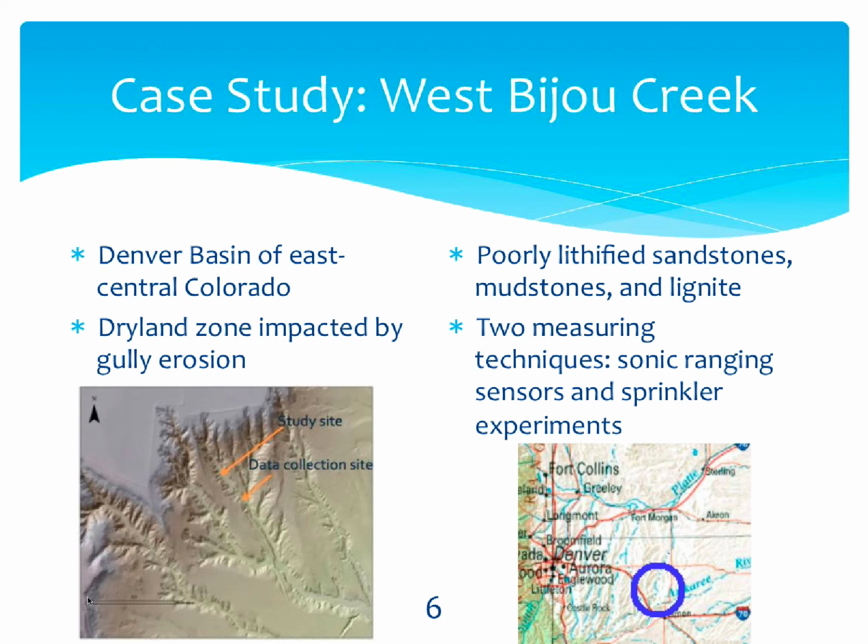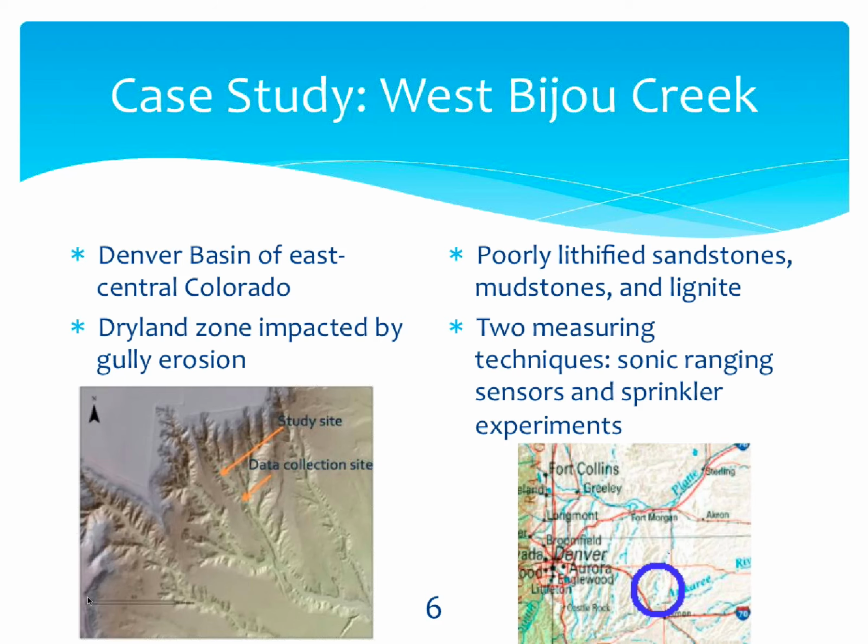It's located in the Denver Basin in east central Colorado, about 40 minutes east of Denver. The reason it is so susceptible to erosion is its composition, which is poorly lithified sandstones, mudstones, and lignites.